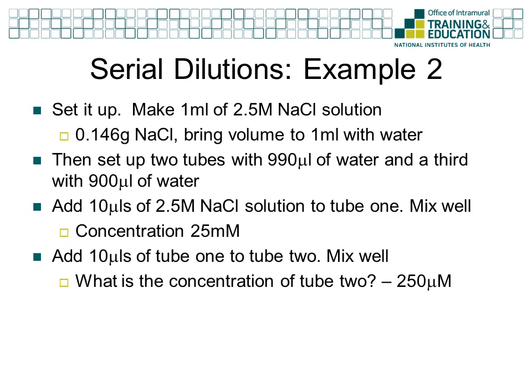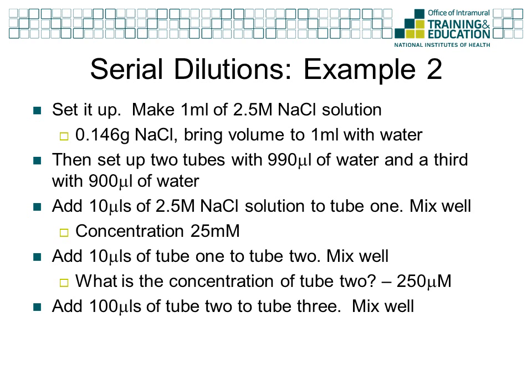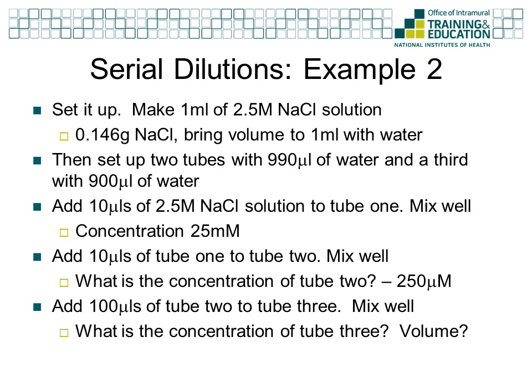Will diluting 250 micromolar by 10 give you the desired concentration of 25 micromolar? Yes, it will. Now you can add 100 microliters from tube 2 to tube 3 and mix well, and the final concentration and the volume of tube 3 is 1 milliliter of 25 micromolar NaCl.